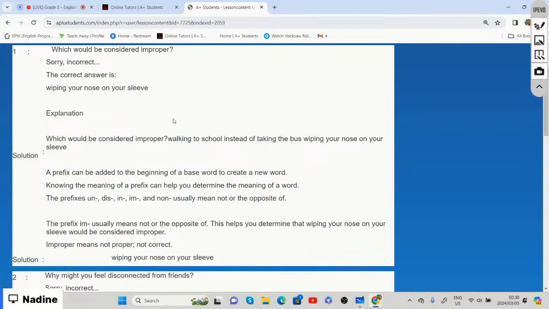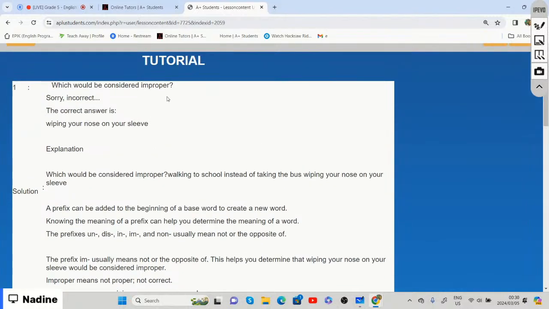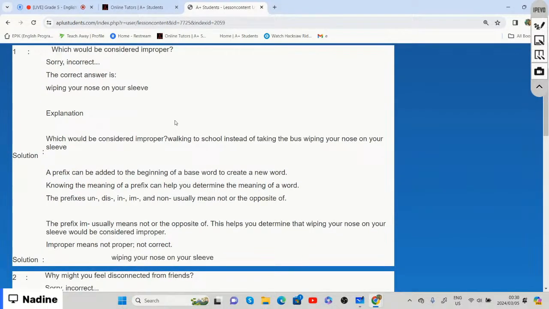All right. So which is considered improper. So improper is it wiping your nose with your sleeve or walking to school instead of taking the bus. So basically, if we were to consider something improper, we would say wiping your nose on your sleeve is improper.